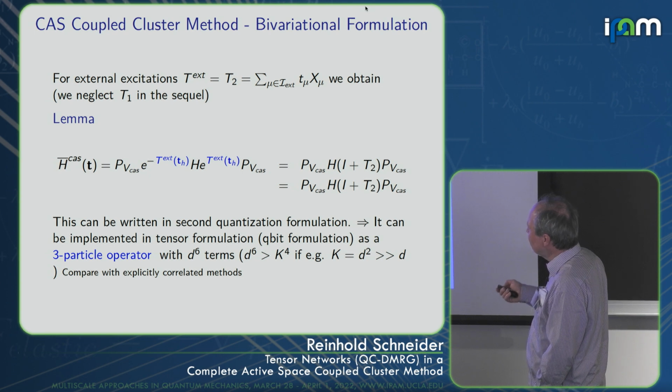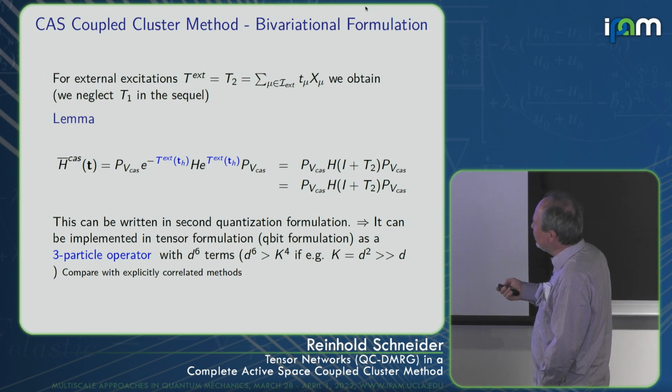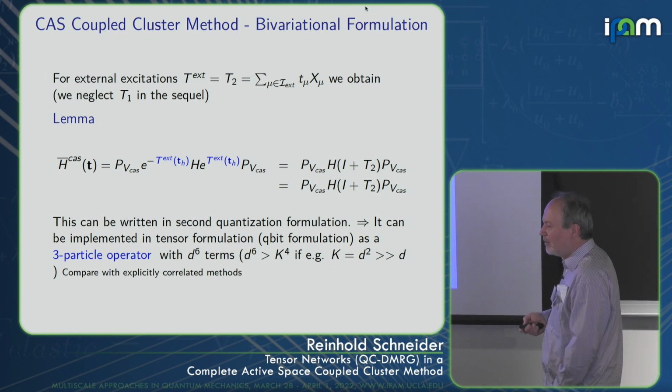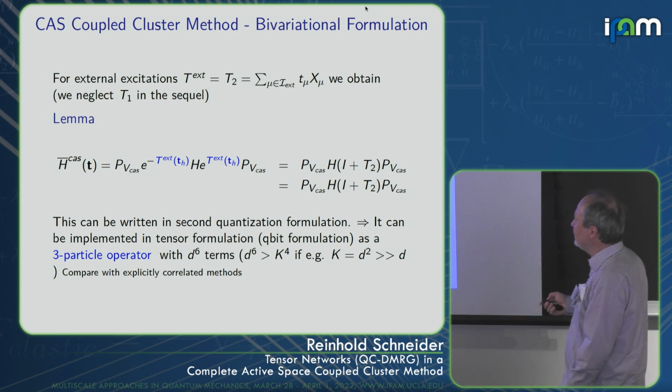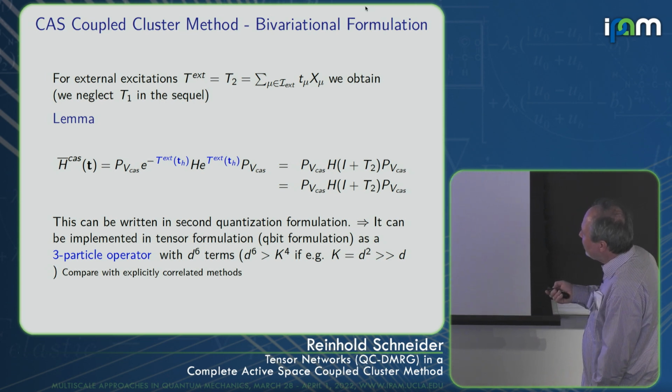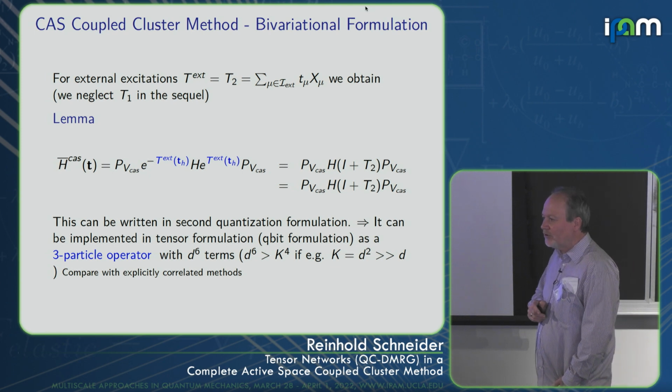This is this non-symmetric operator. Usually this is treated using the Baker-Campbell-Hausdorff formula, a fourth order polynomial, too complicated. It turns out that if you apply this operator to the left part, then you have to apply the adjoint, which is the de-excitation operator.